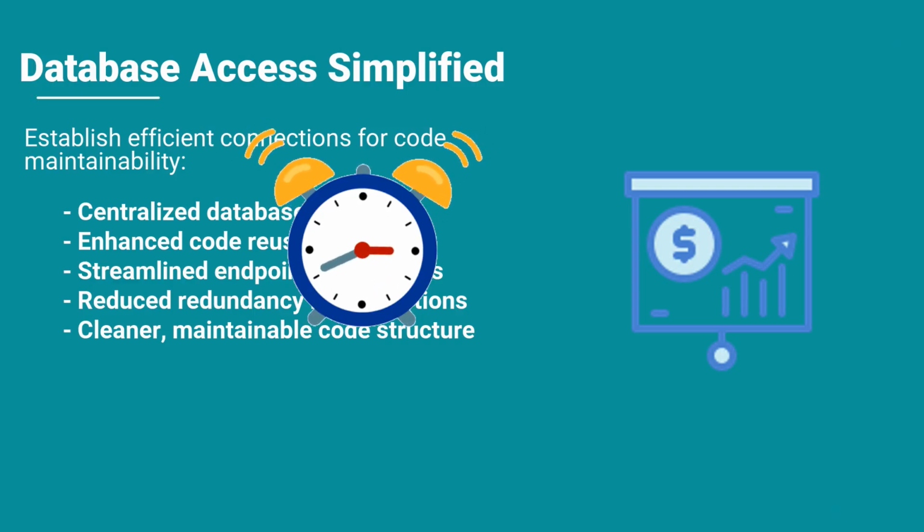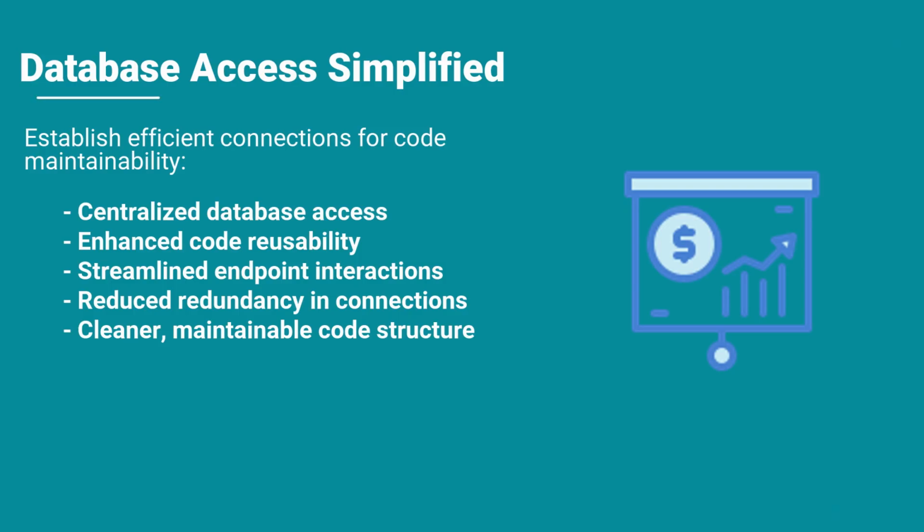And that means you can manage your connections more easily, avoid redundancy, and, let's be honest, keep your code looking sharp. So, whether you're reading data or making changes, having that neat, reusable connection in place is a game changer. This way, you're setting yourself up for success with cleaner, more maintainable code. And isn't that what we all strive for?